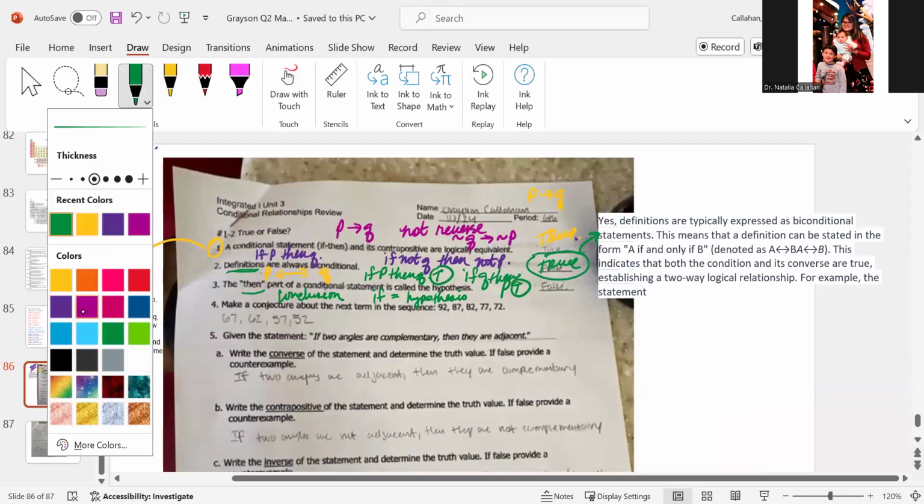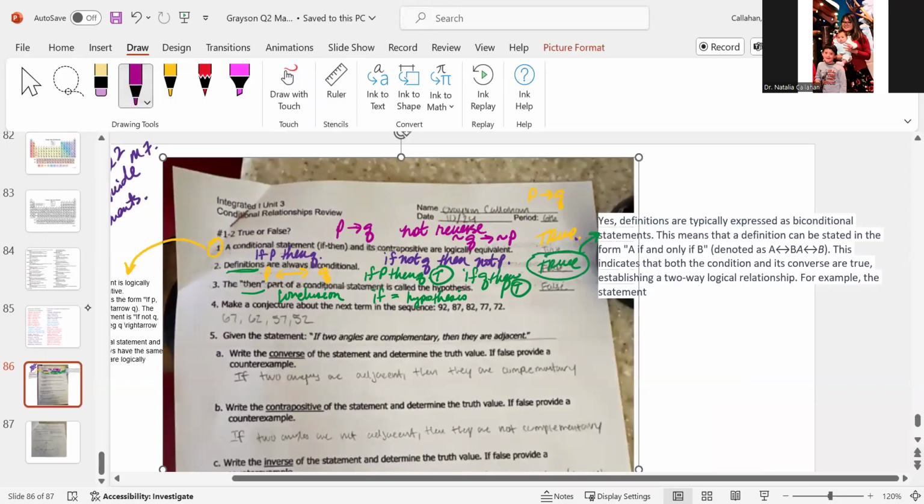All right. Make a conjecture about the next term in the sequence. So 92, 87. What is happening here? What are they adding or subtracting? How do you get from 92 to 87? Subtract 5. So 72 minus 5 is going to be 67. Then subtract 5 again. You need to write down your conjecture.